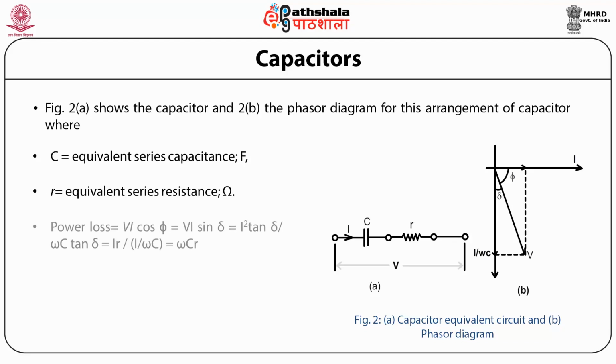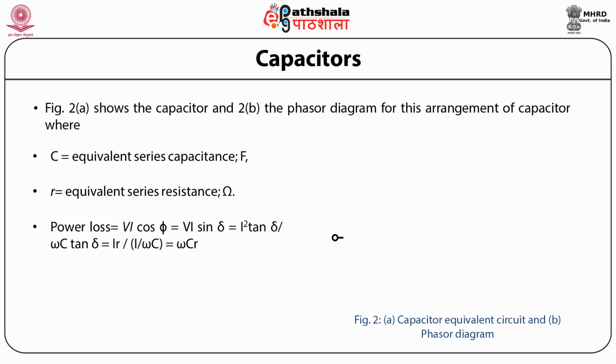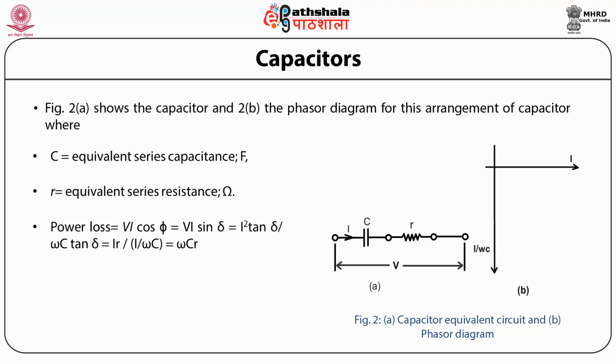Here the power loss is given by VI cos phi, which is equal to VI sin delta. Thus, the final term for power loss is given by I square tan delta divided by omega C, where tan delta is equal to IR divided by 1 by omega C. Thus, tan delta is given by omega CR.